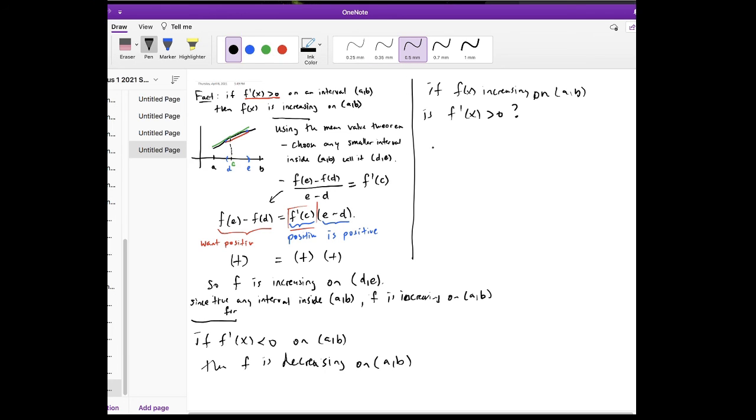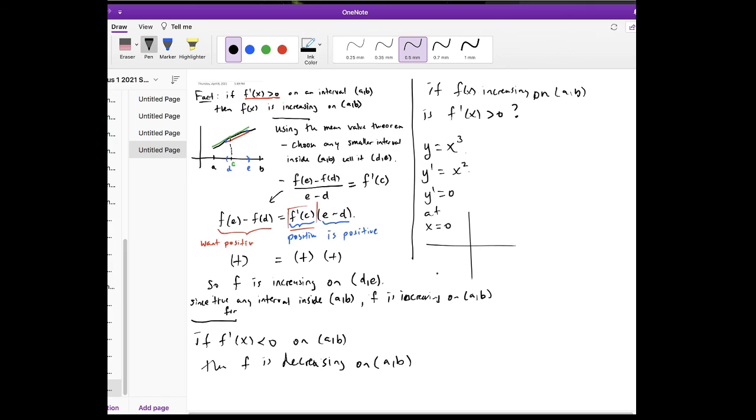One example is x cubed, right? The derivative is 3x squared, which is equal to 0 at 0. Right?